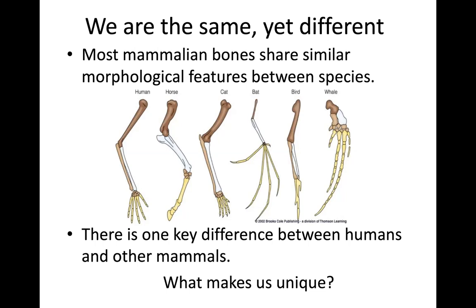So if you get really good with one species, you can actually identify, oh, this is a humerus or this is a femur in another species, because it kind of looks like it, but a little bit different. And the reason there's that little bit of difference is because all animals move their bodies slightly different. Their general morphology is then altered by how that species moves around through life and how they're capable of moving.